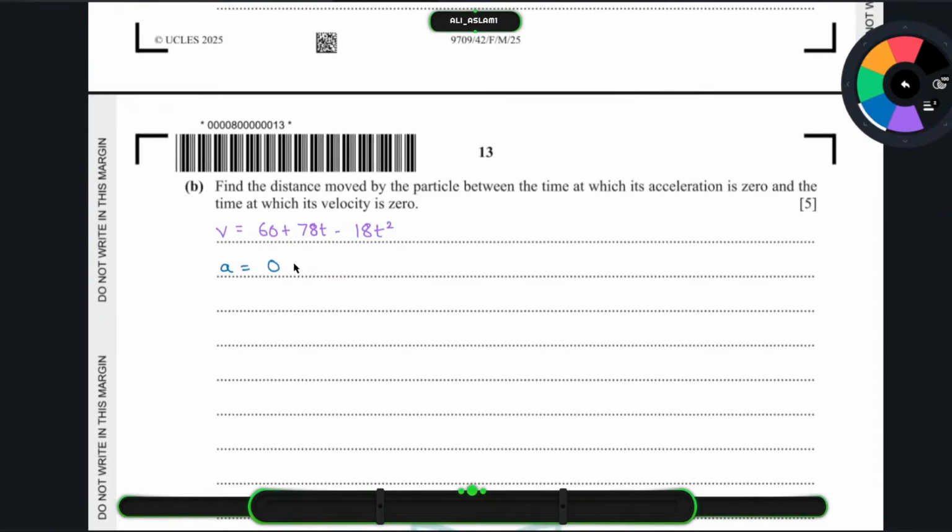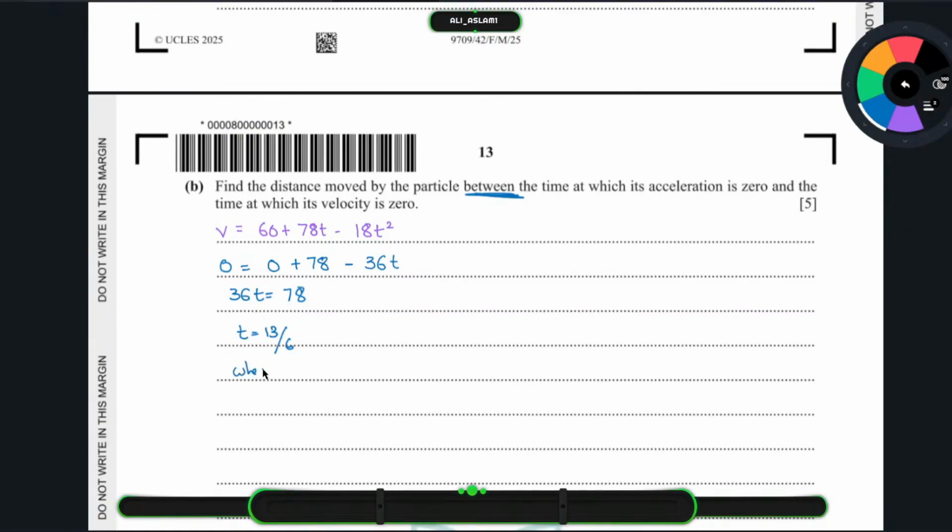Acceleration is 0: 78 minus 36t, yeah. So acceleration being 0, that becomes 0. So 36t is equal to 78. 78 divided by 36 is 13 by 6. Between the time when acceleration is 0 and the time at which velocity is 0.